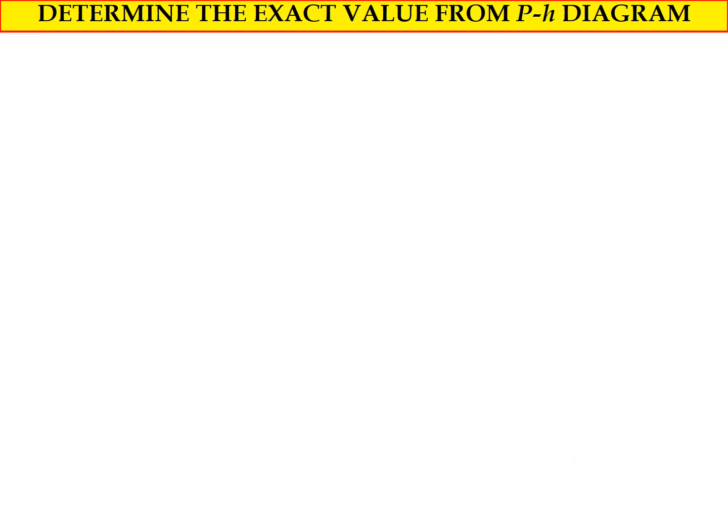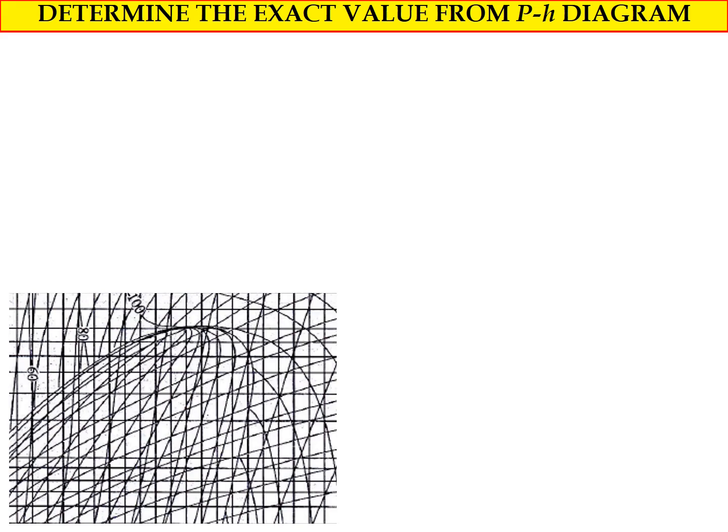Okay, now I will explain to you how to determine the exact value from the pH diagram. So let's say we have part of the pH diagram, and we have here the saturation line represented by the purple curve.